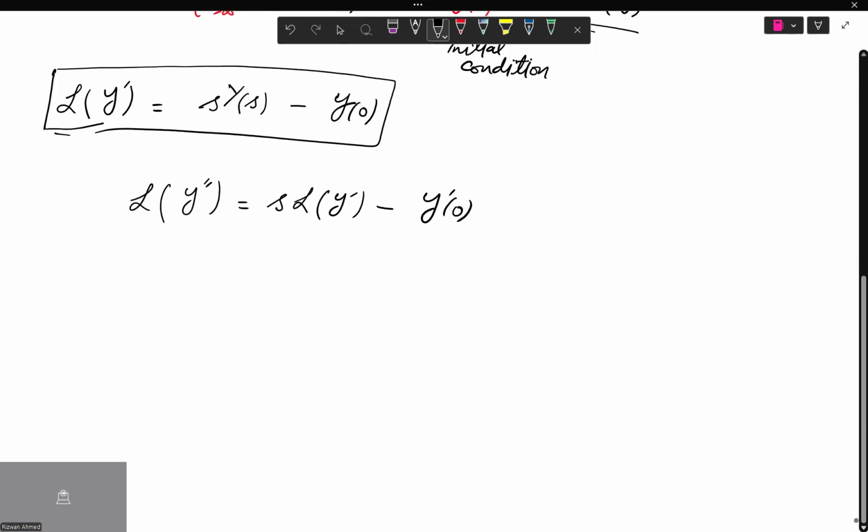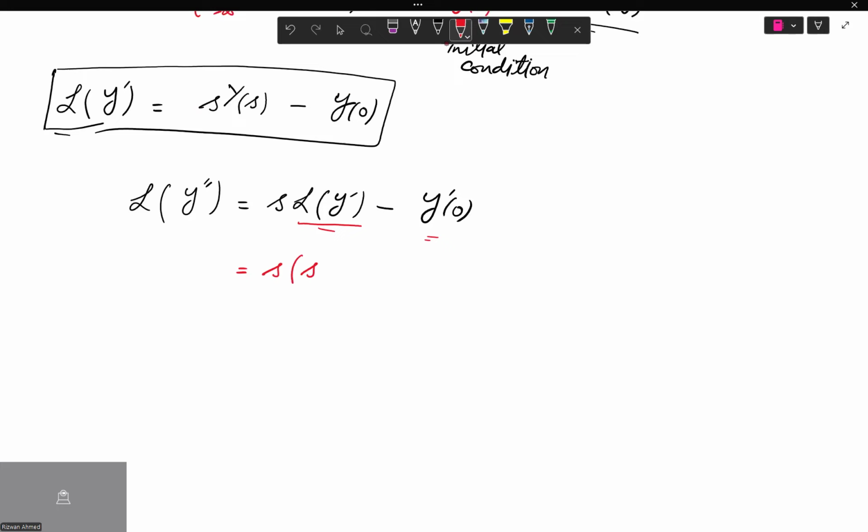So just like the expression I have evaluated for Laplace transform of y prime, which simplified to s times Laplace of y minus y of 0, I have written that on the same analogy, and then I can use the expression for Laplace transform of y prime.